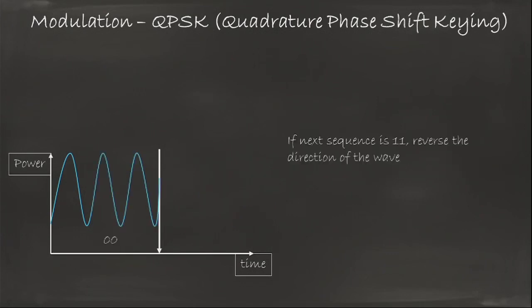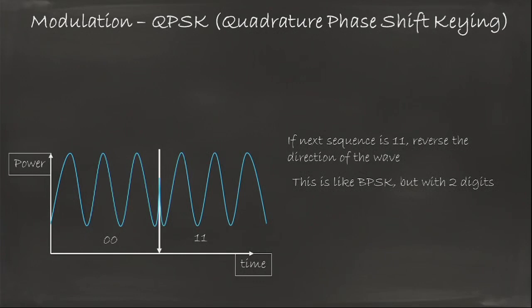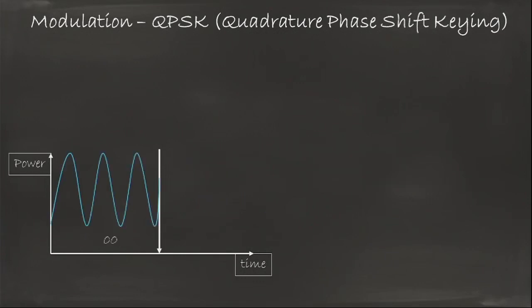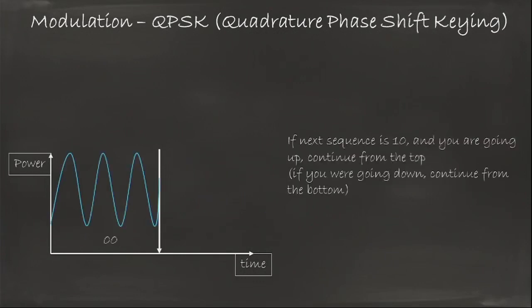Okay, if I want to send instead 1, 1, I could do what I do for BPSK and suddenly change direction, like this. And if I want to say 1, 0, if I was going up, well, I'll continue going up, but actually I'll jump directly to the top of the wave, which means that I will start from the top and go down, like this.